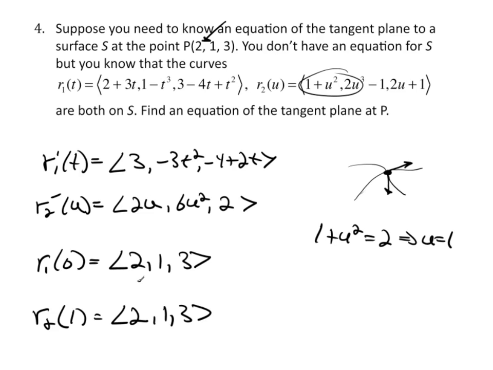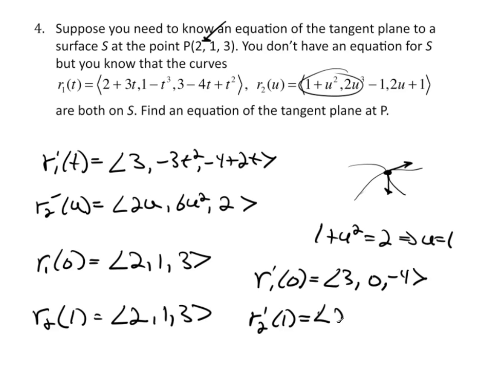Well, that's good. So now when I take these derivatives, I can evaluate the derivative functions, this one at 0, this one at 1. And when I do, r1 prime of 0 equals (3, 0, negative 4). r2 prime of 1 equals (2, 6, 2).